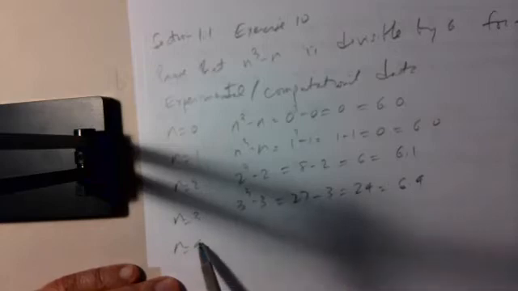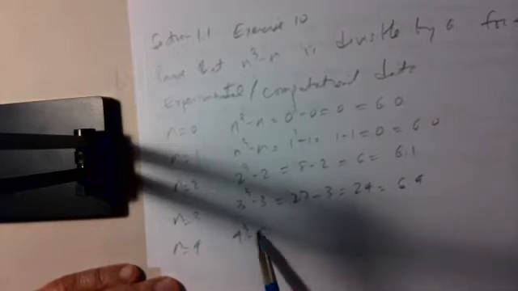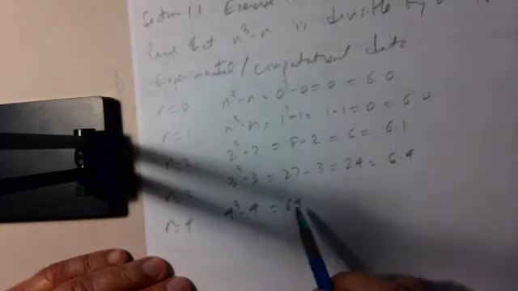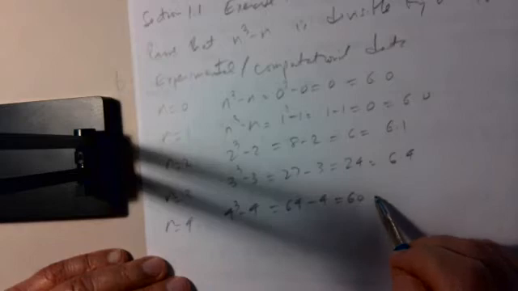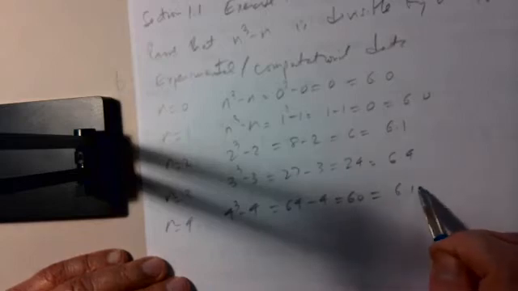Sorry, again, it's divisible by 6. What about n equal 4? You get 4 cubed minus 4. What is 4 cubed? 64. Minus 4 is 60. That's 6 times 10. Again, it's divisible by 6.